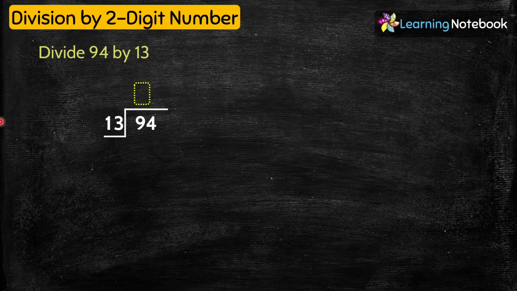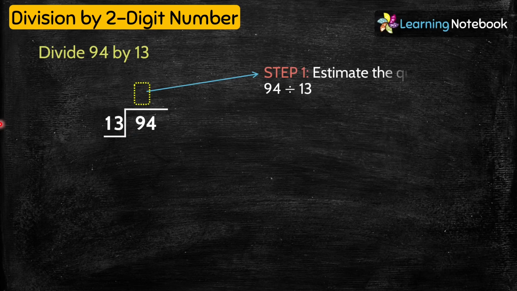Estimating the quotient is very simple. You just round off both the numbers to nearest 10. It means 94 rounds off to 90 and 13 rounds off to 10. So now we have to divide 90 by 10.